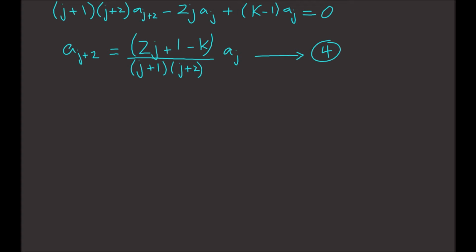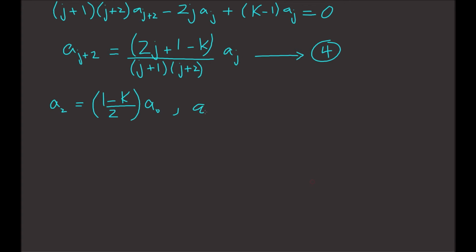Alright, so what does this give us? Let's take the first term, a naught. So when a naught is the first initial constant, if j equals 0, we get a sub 2 equals 1 minus k divided by 2 times a naught. But if we have a2, we can get a4, right?